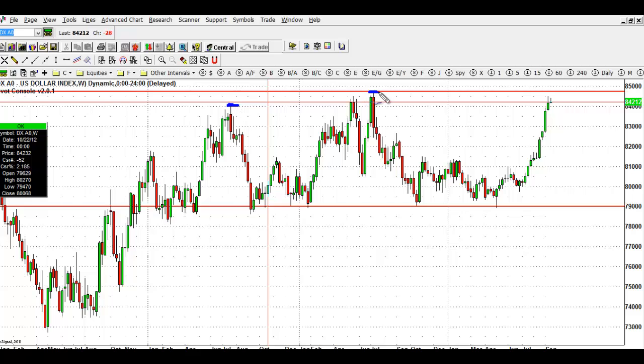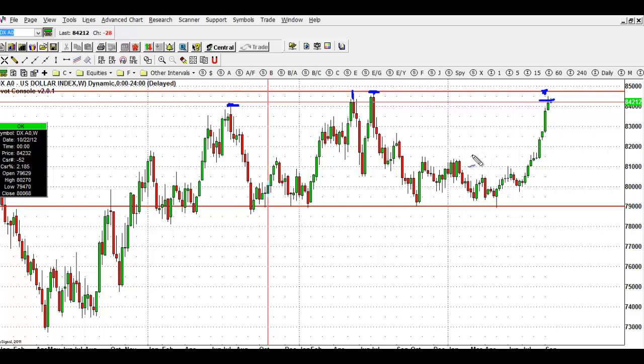There's a high here that was made between June 2013 and another high here in April 2013. So the market is looking to test this 85 level. It's just about 84.80. The market may want to test this level, and that's why we're seeing some resistance come in to the market at this point.